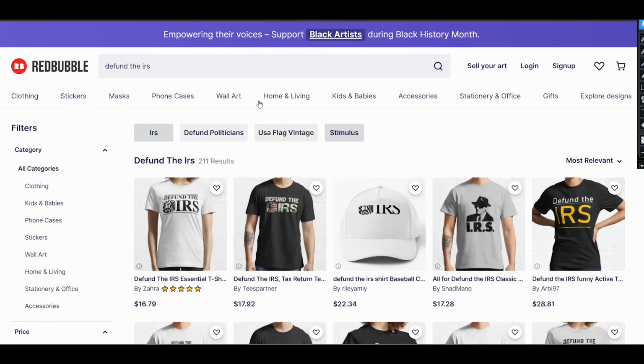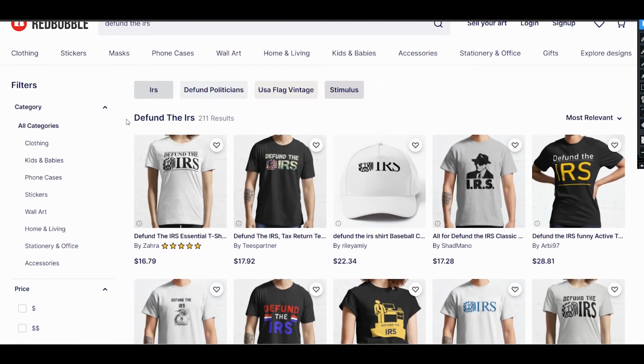And the last idea for today is the search "fund the IRS", and it is about taxation. It is also quite a trendy theme with really small competition, 200 plus results.